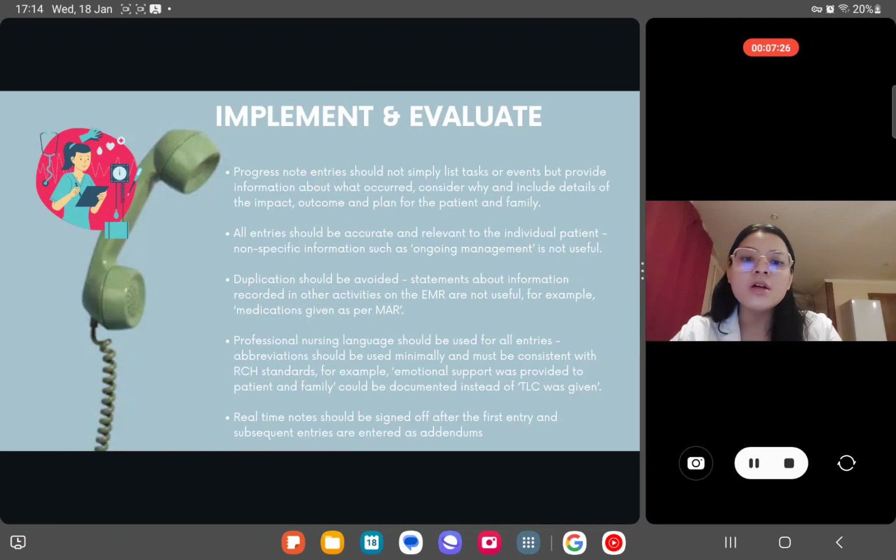For example, emotional support was provided to patient and family could be documented instead of TLC was given. So use words that are not abbreviated. Real-time notes should be signed off after the first entry and subsequent entries are entered as addendums.